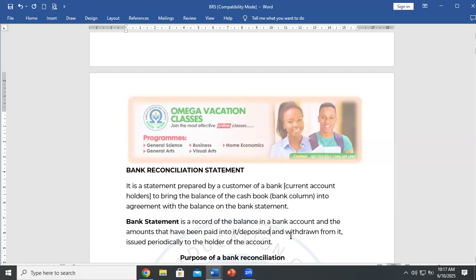I don't know if any of you has ever transacted business with a bank and is aware of this bank statement I'm talking about. If any of you has such experience, you can share with us. A particular bank you have an account with and you've gone for a statement before.